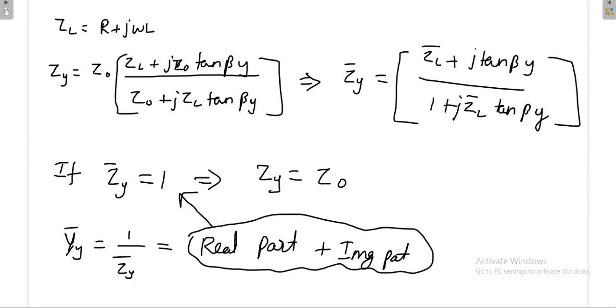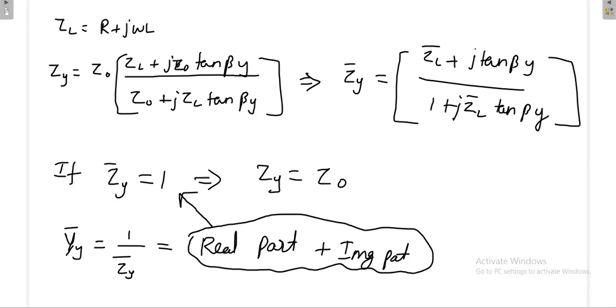The idea goes like this, because it consists of a real part and an imaginary part. Please note down, your y bar is real part plus imaginary part. I'll write it in the next slide. These are really difficult, but once you solve this, you'll get some intuitive ideas, really interesting also.